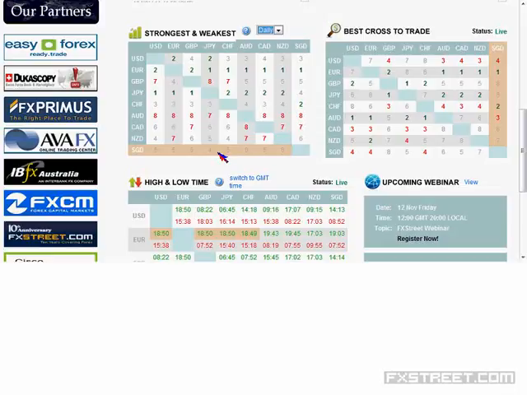So it's best not to touch that cross at that particular time when you are doing your analysis. So now let's say we look at the daily, it says euro has been the strongest, Aussie has been the weakest, and in fact the yen has been the strongest.